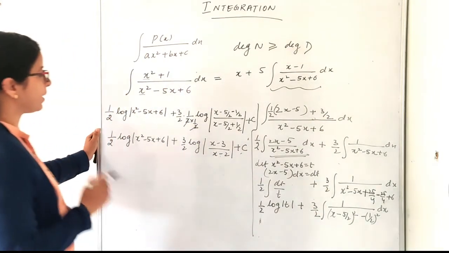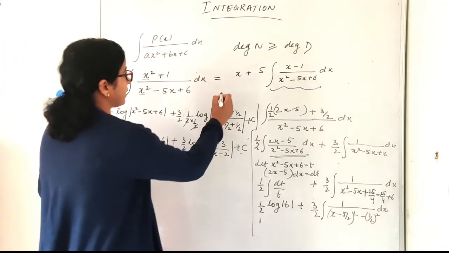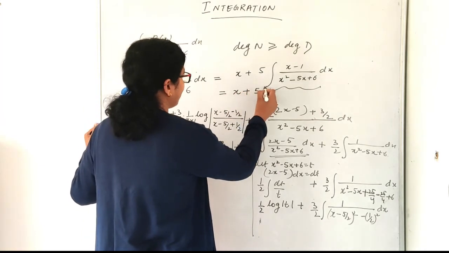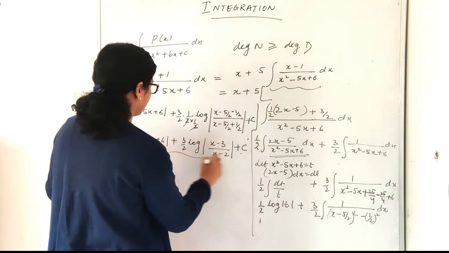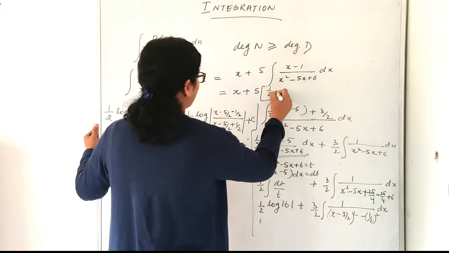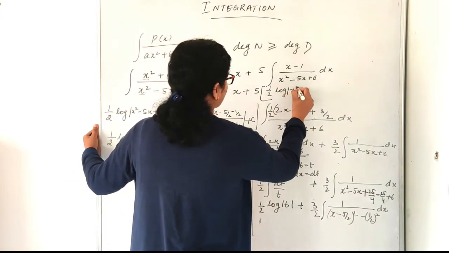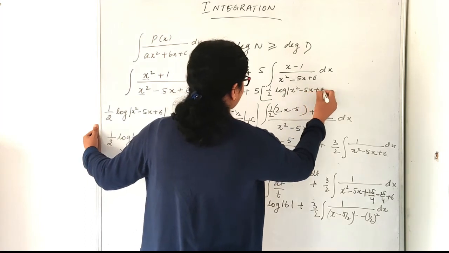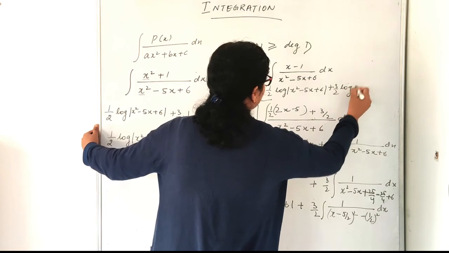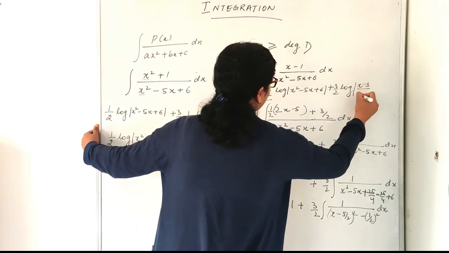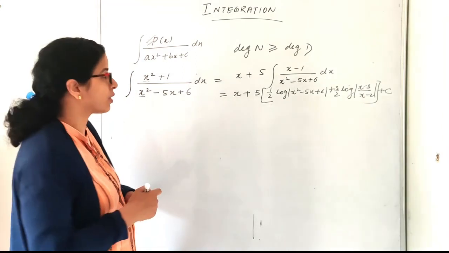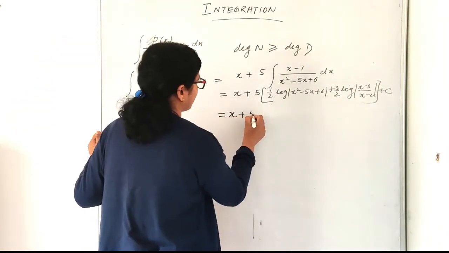If I want my total answer, it will become x plus 5, and I will substitute this part over here. So what will be the answer? 1 by 2 log x square minus 5x plus 6 plus 3 by 2 log x minus 3 upon x minus 2, plus c.